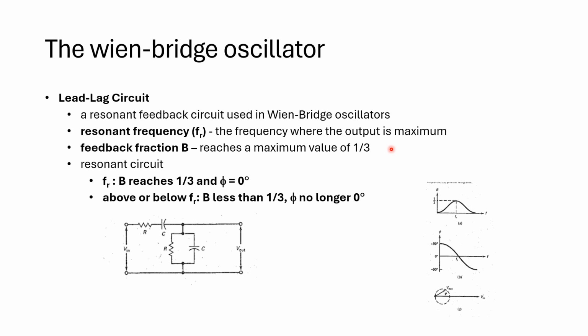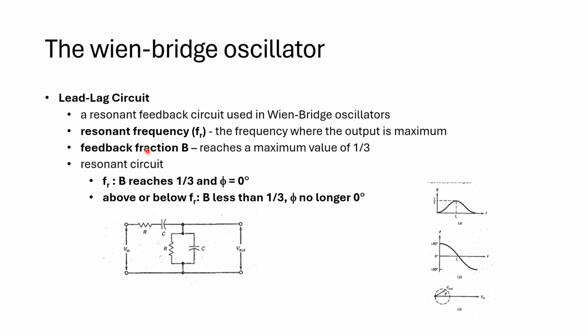Here we have the phase angle of the output versus the input. At very low frequency, the angle is positive, so we have a leading circuit. At a very high frequency, the angle is negative, so we have a lagging circuit. At resonance, our phase shift is equal to 0.